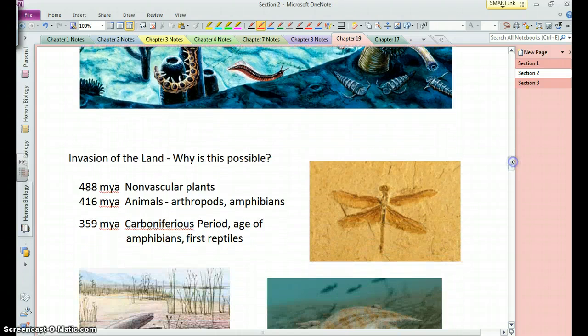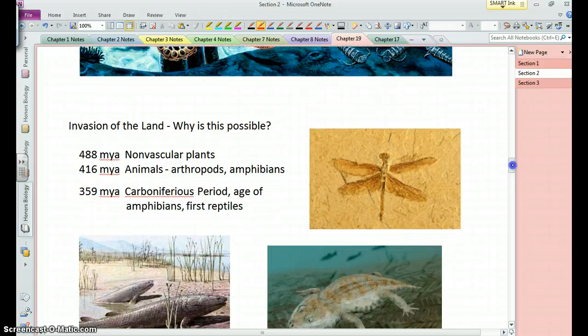Now this was all in the water at first, but eventually things began to invade land, and what made that possible was all that oxygen that was accumulating in the atmosphere. When you have oxygen in the atmosphere, particularly higher up, and it's interacting with sunlight, those oxygen molecules can break in two, forming these very unstable individual oxygen atoms.